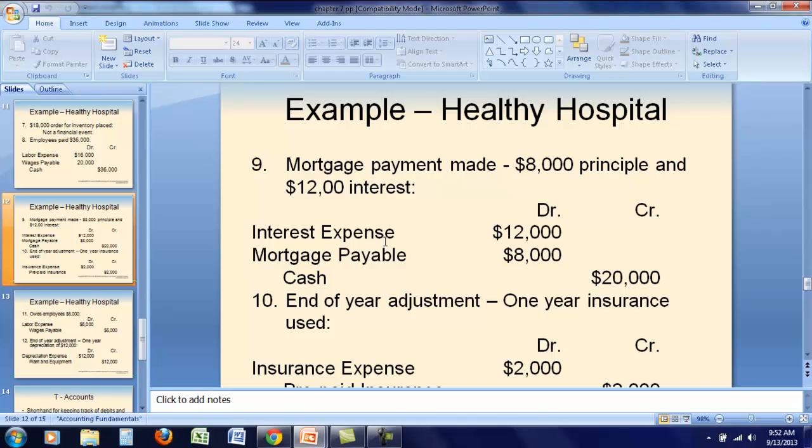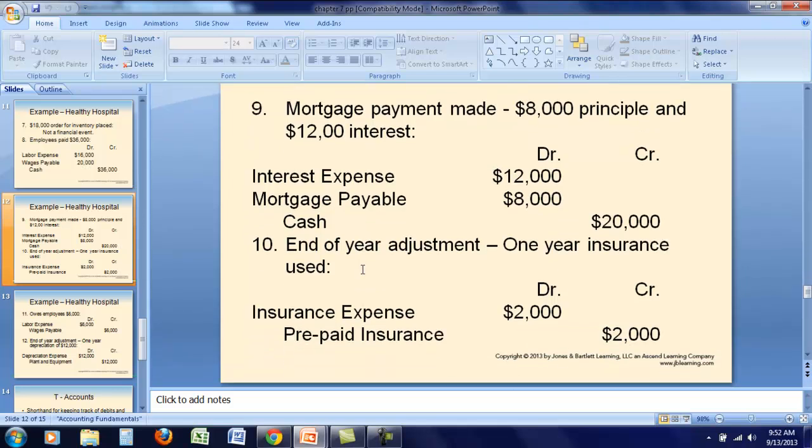So if you take a look at example 10, this is a year-end adjustment. So basically, during the year, you actually used some of your prepaid insurance, right? So we paid the entire policy up front, but now we're looking and we say, okay, we're a year later. We've used a third of our policy. So all you're doing is recording the expense by debiting the insurance expense and reducing your prepaid asset by $2,000.